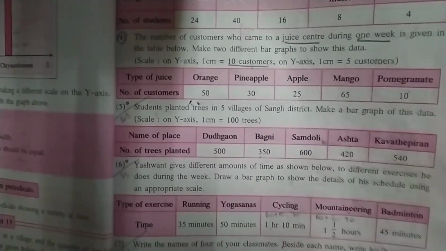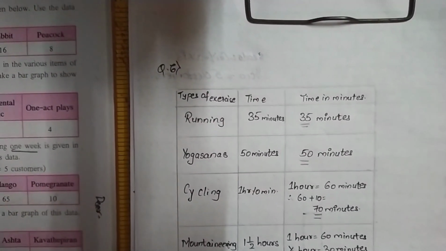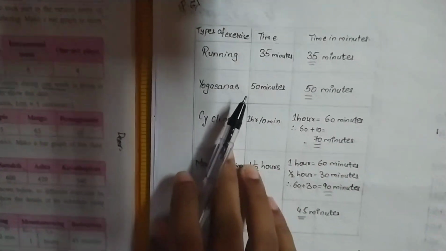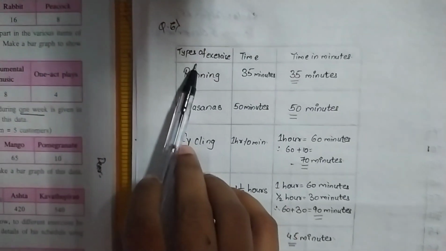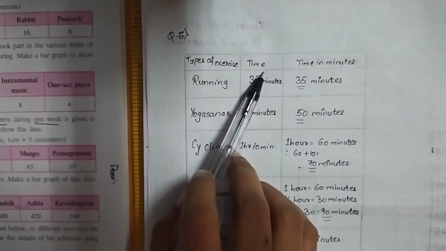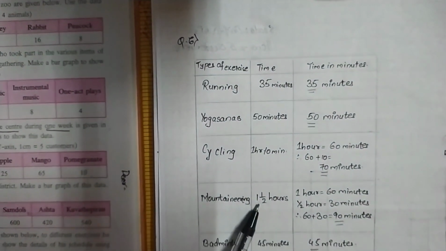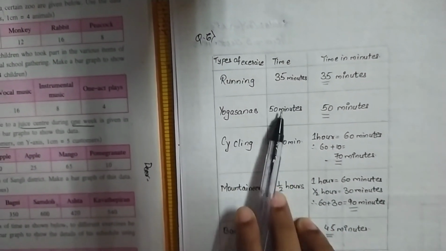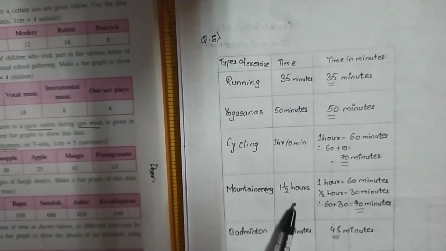Let's see to it. Now here I have drawn a table which specifies 3 columns: types of exercise, the time allotted for each exercise by Yashwant, and when you see this, sometimes it is written in minutes and some in hours.